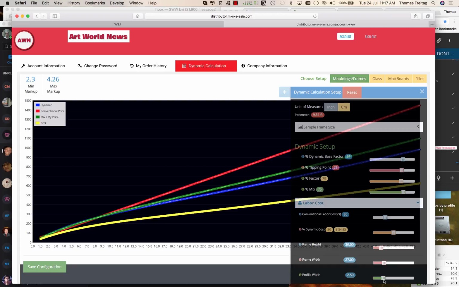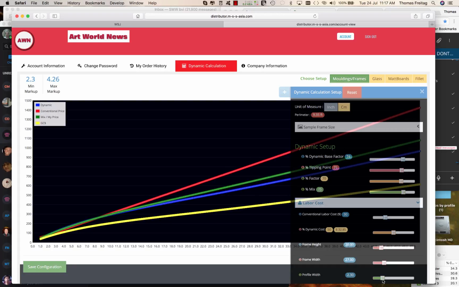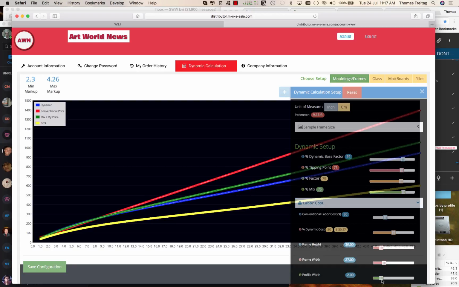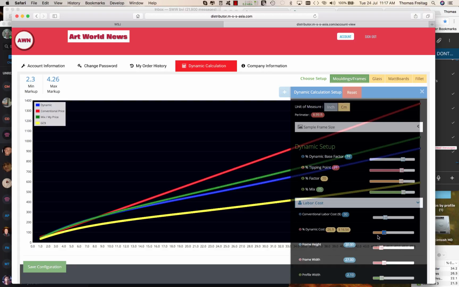And if you do not like to add any fixed costing to your calculation, you simply can turn the dynamic to 0. And then you're working with a straightforward markup and no costing involved. We do suggest to leave it at about 50%.